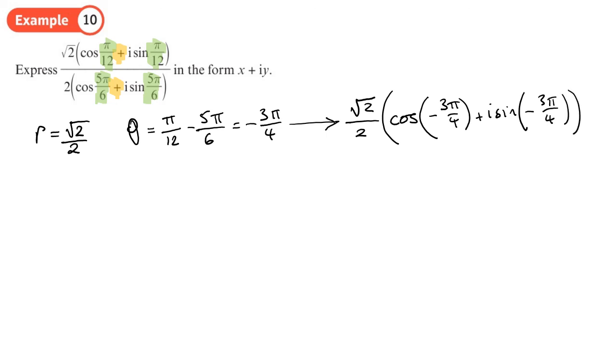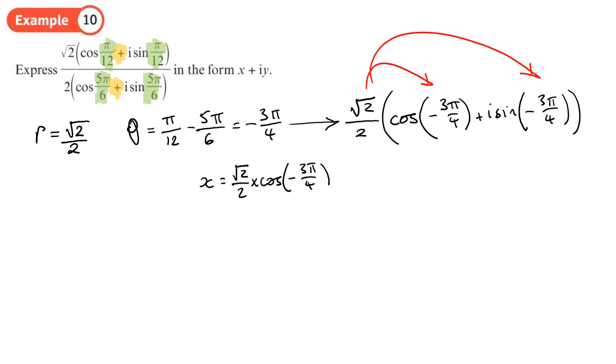So all I need to do now is expand the brackets and work out what the real and the imaginary part is. So what do we get? So x is going to equal root 2 over 2 times cos negative 3 pi over 4. Y part, the imaginary part, is going to be root 2 over 2 times sine negative 3 pi over 4.